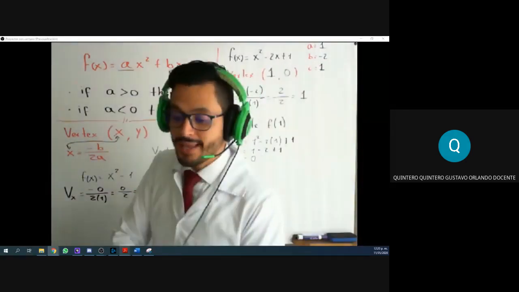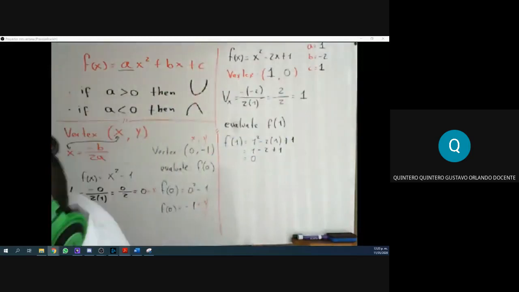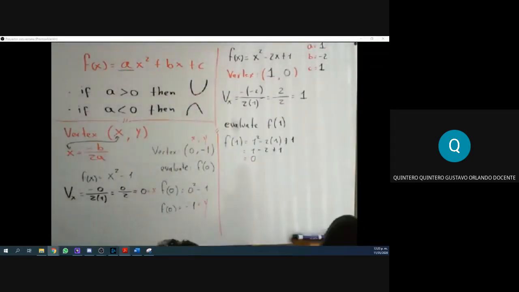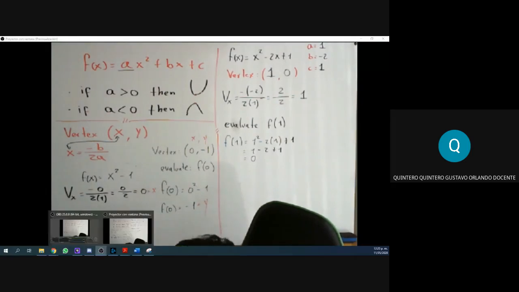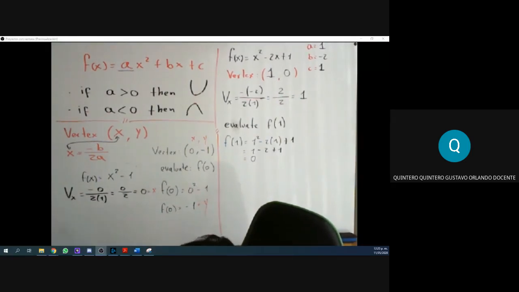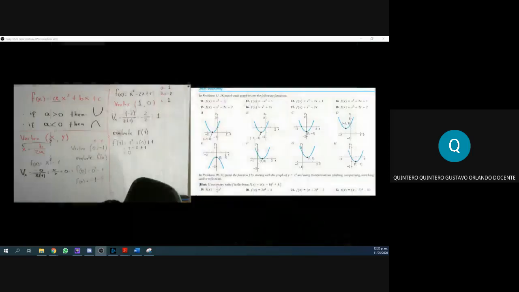Now, we can double check this if you want to. All we need to use is some sort of graphing calculator or software. Let me see if I can, yes, like this. All right.